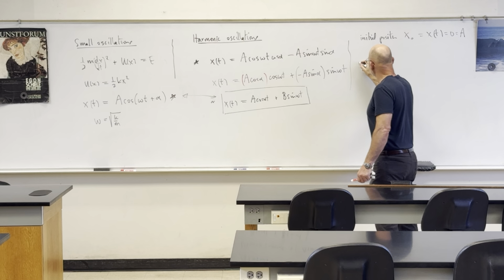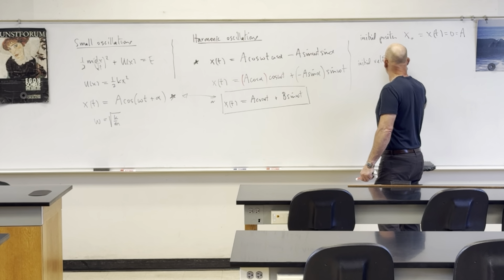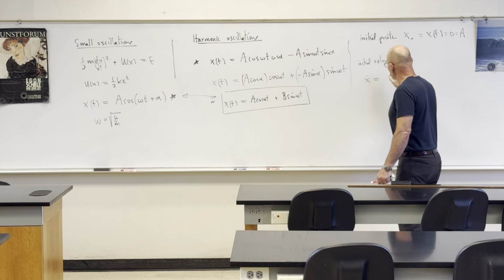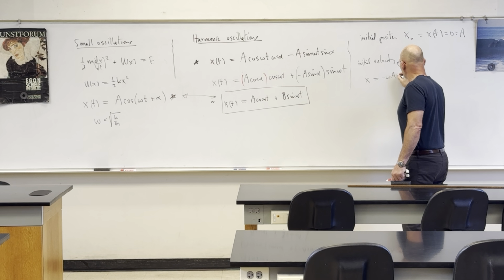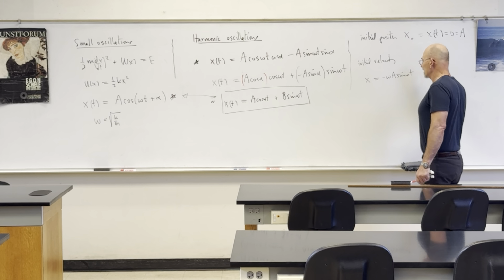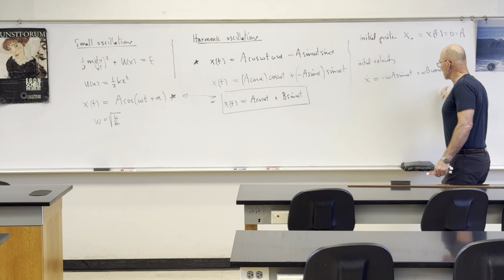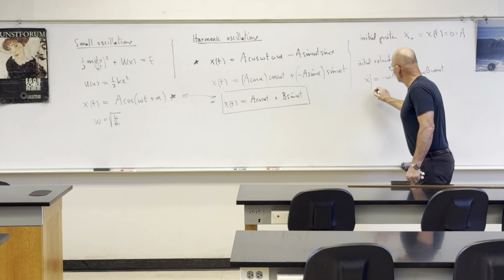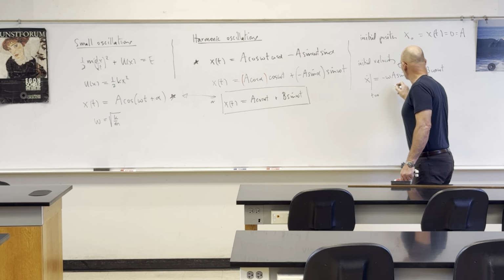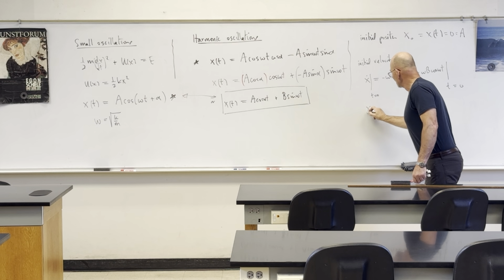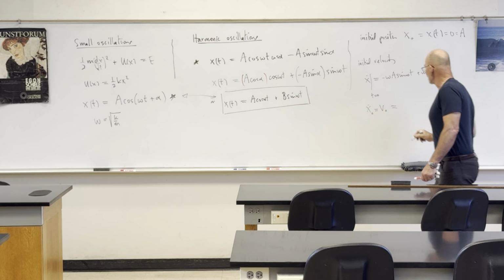And initial velocity, we would have x dot equals minus omega a sine omega t plus omega b cos omega t. So the initial velocity at t equals 0, x0 dot or v0, what do we get here?